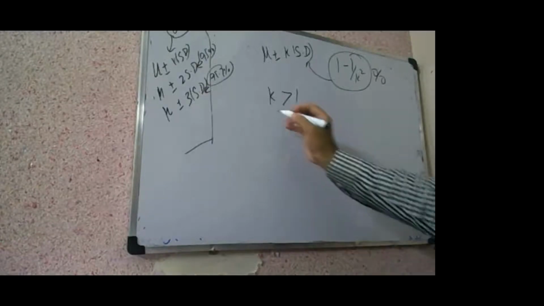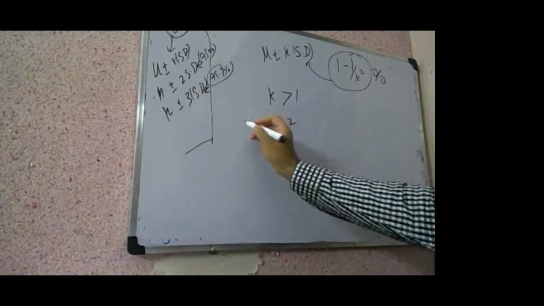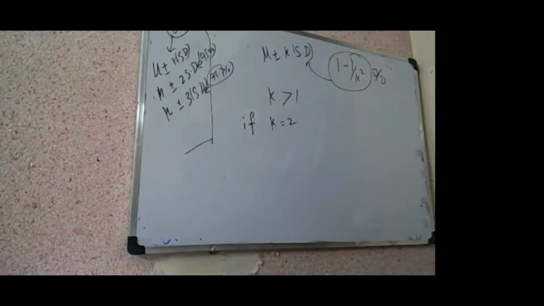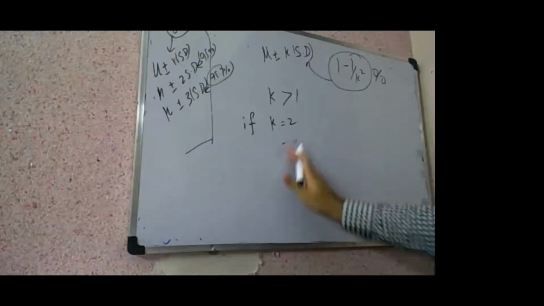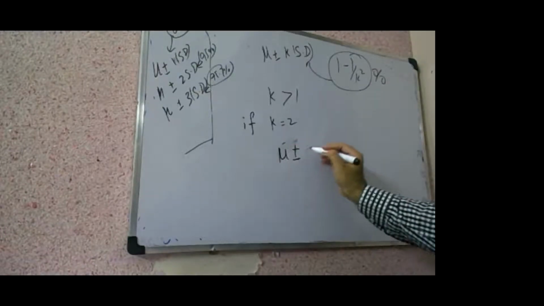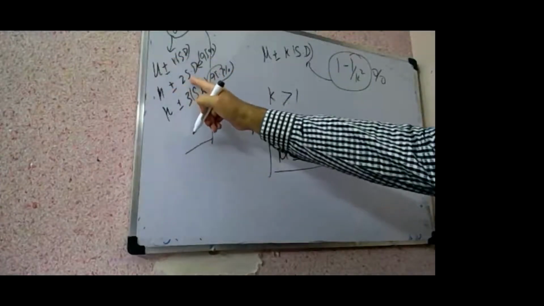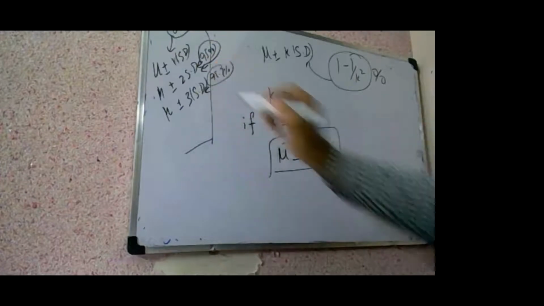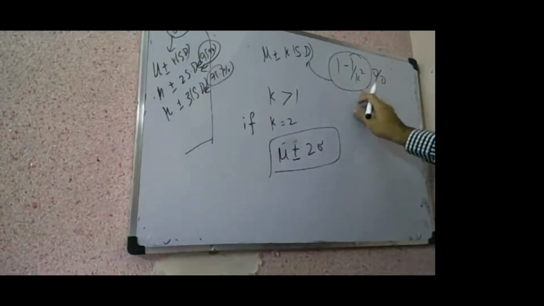So let's say if k is 2, what will be the dispersion? It will give us the range mu plus minus 2 sigma. In symmetric, for mu plus minus 2 sigma, 95% of data lies. But here, how much percentage of data lies? We can see this is the percentage.